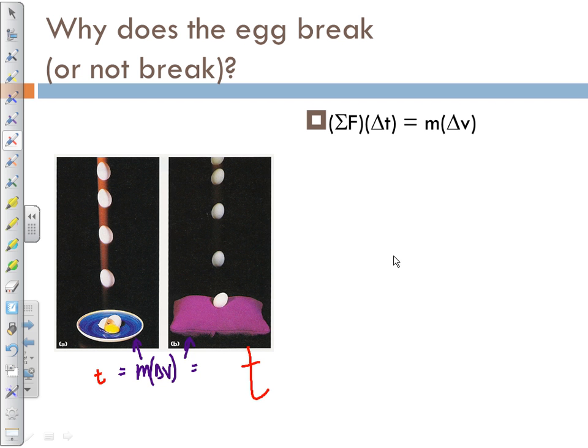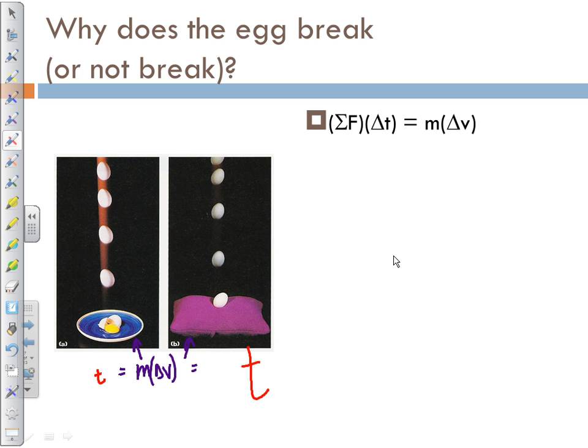Okay? But that time isn't the only factor that affects changing the momentum, right? What other factor do we have to consider? The force. So, in the picture on the right, if we have a long time over which to stop this egg, how much force do we have to apply?